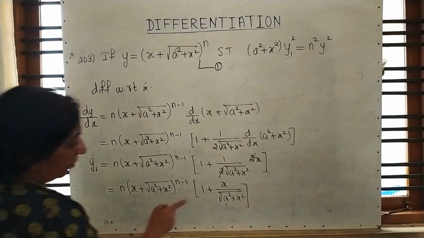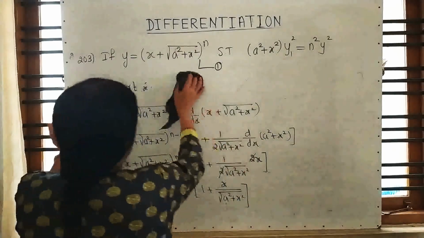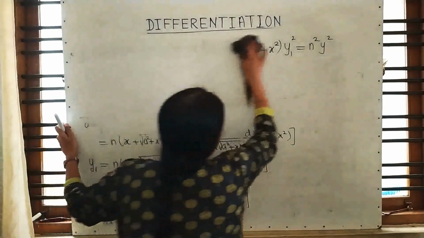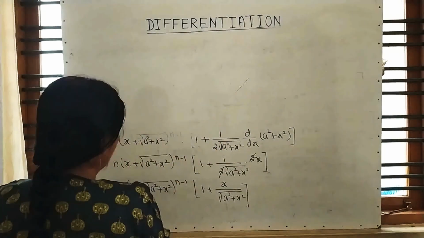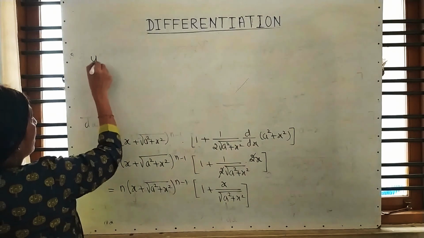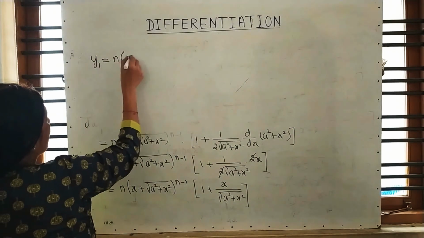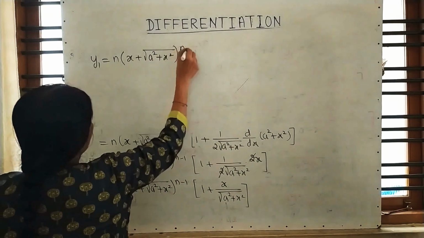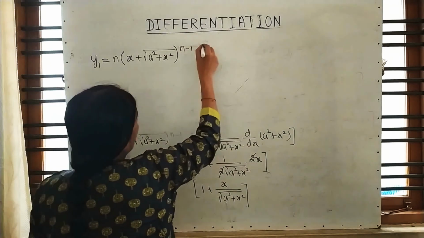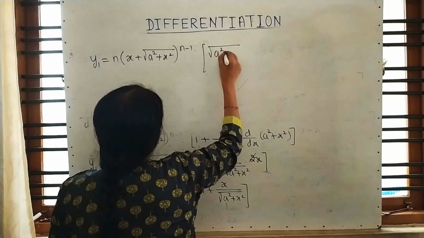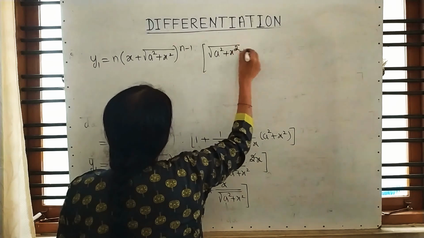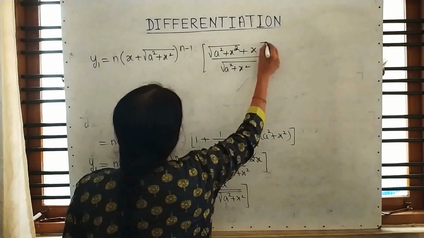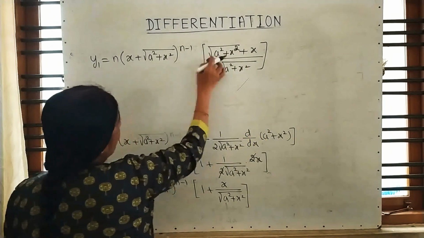Now just take the LCM for the bracket term. y1 is equal to n, in the bracket x plus root of a square plus x square raised to n minus 1. When you take the LCM, and see here we have a multiplication.